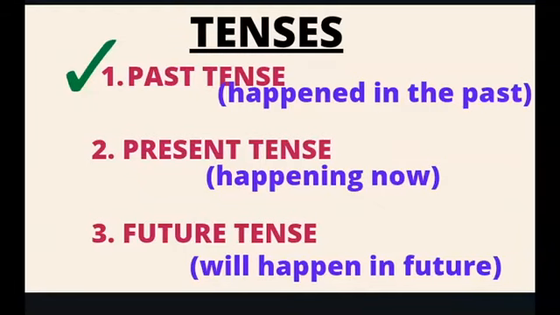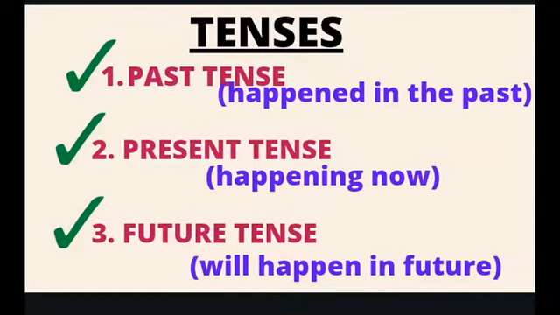So, I hope you have understood the basic form of tenses comprised of three: past tense, which indicates the action has happened in the past. Second, present tense, which indicates the action is happening now.